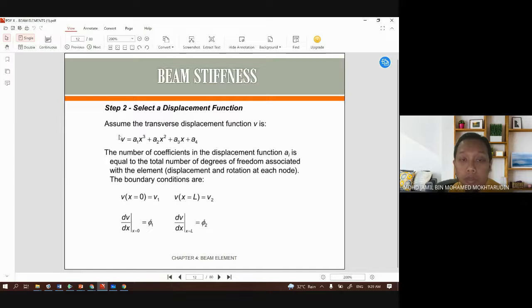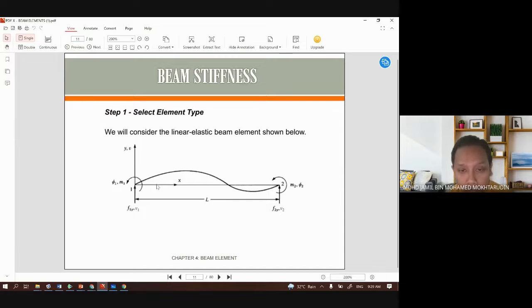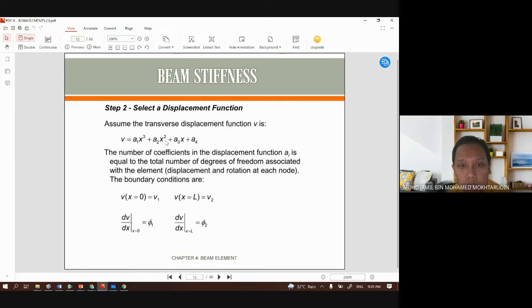So we express v in terms of x, where x is the location along the beam length, in this x direction.